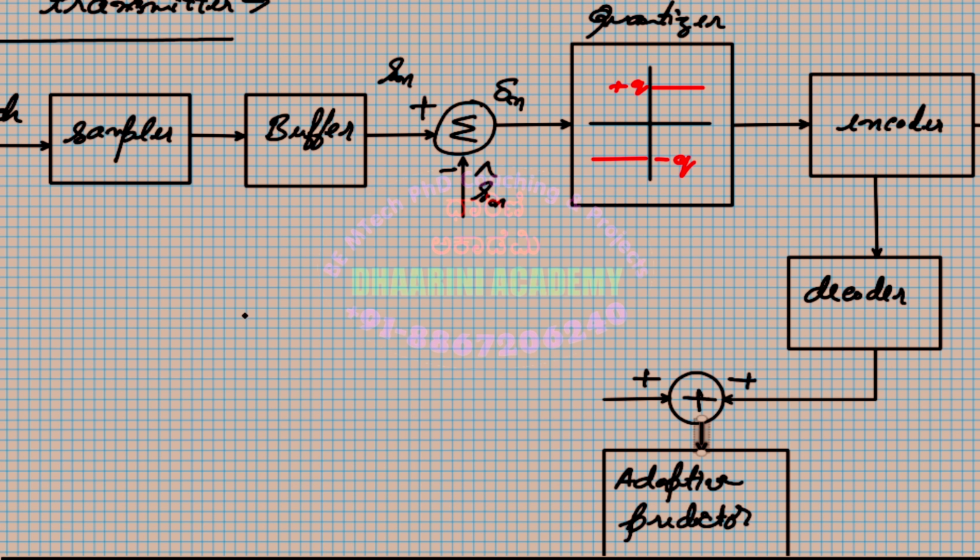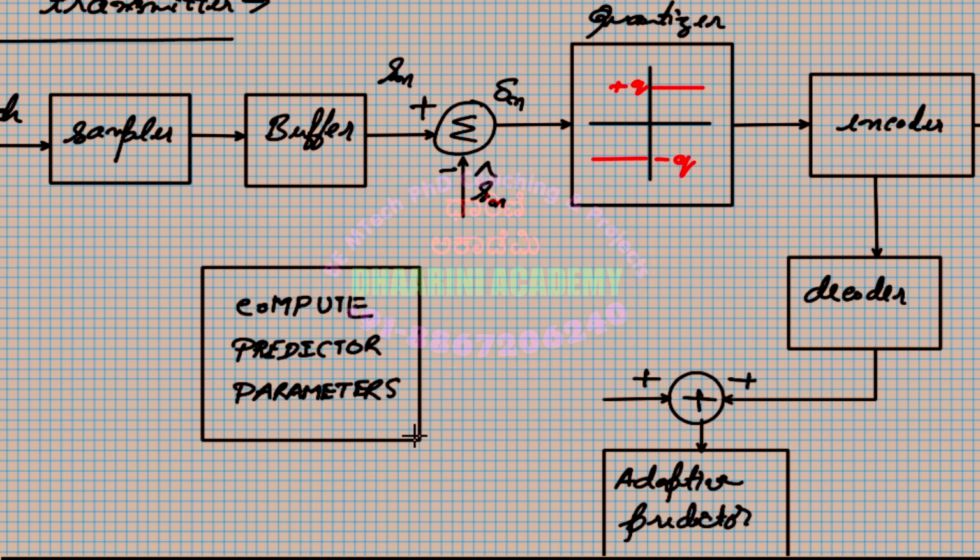I'll write here: compute the predictor parameters. We have to do this because the values cannot be given directly as input.